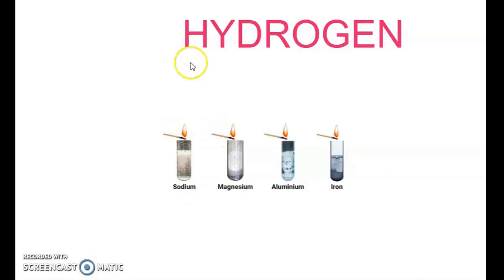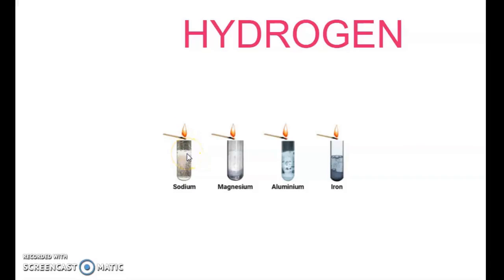In many experiments, you have seen that hydrogen is evolved. So how do you know that the evolved gas is hydrogen or not? There is an experiment, a proof that tells you which gas is which. You bring a lighted matchstick to the mouth of the test tube.